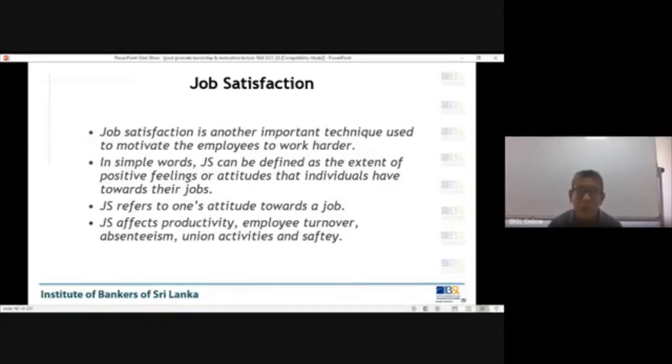All those are the repercussions of job satisfaction. If a job is not satisfying, it leads to all these things, right? So therefore, job satisfaction plays an important role in motivation, right? An area we need to think about.